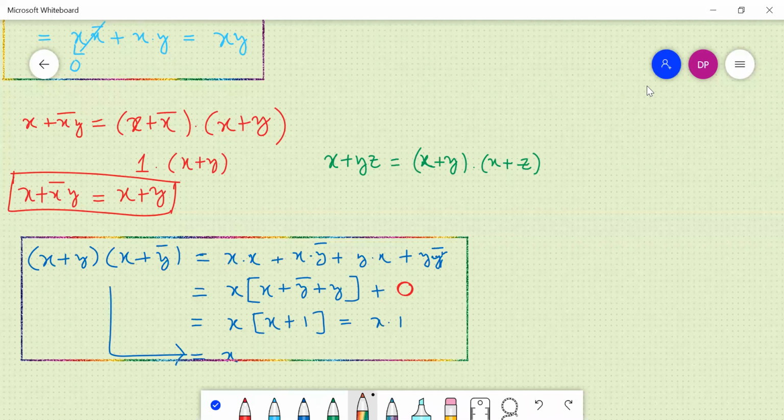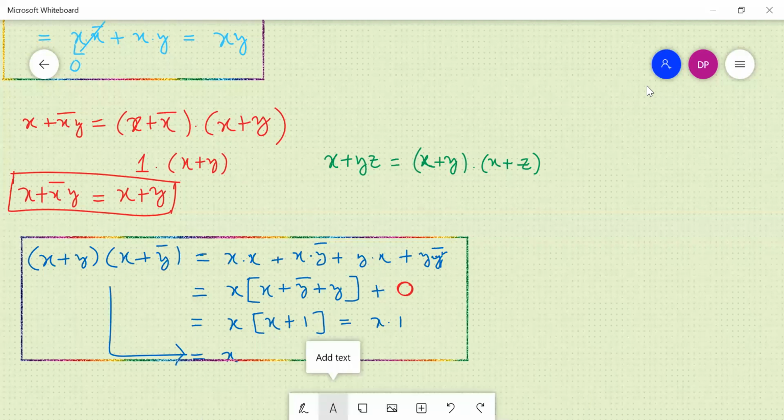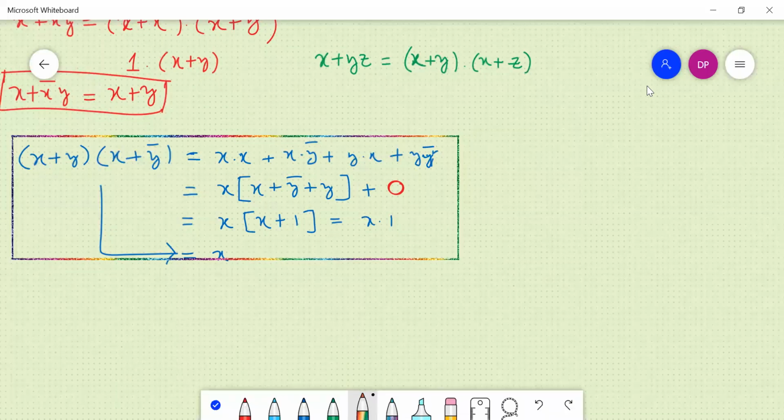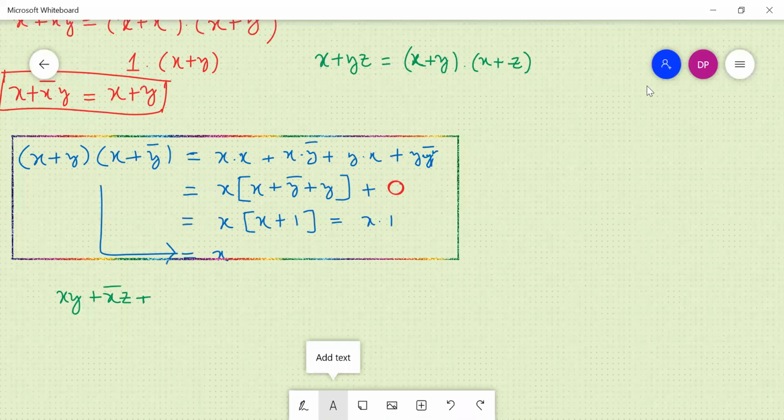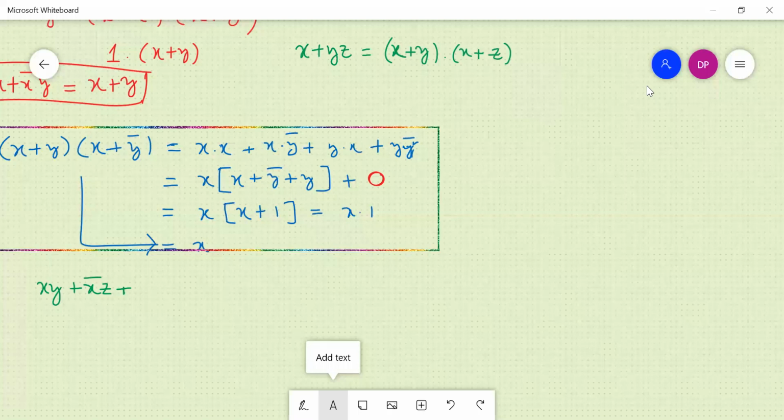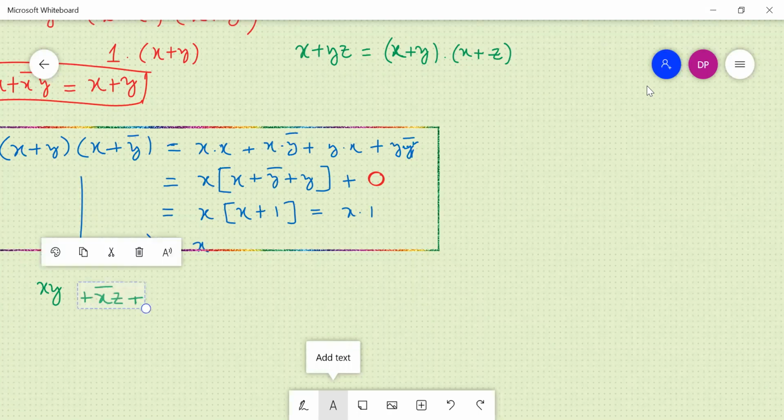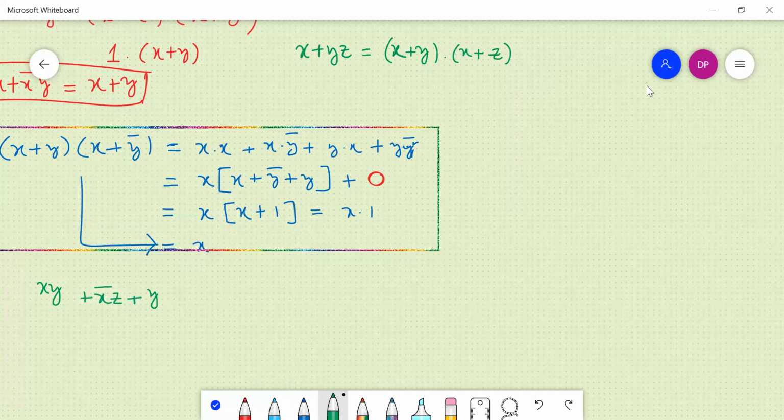We'll look into another interesting result. Let's see. x and with y, OR with x complement and with z, OR with y and with z.